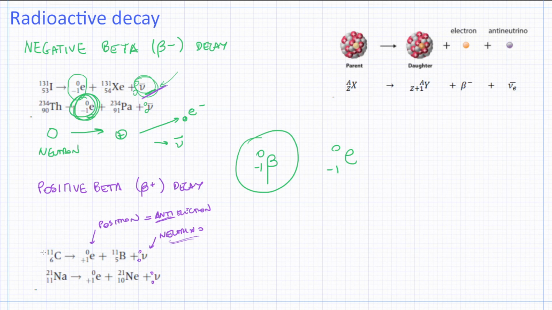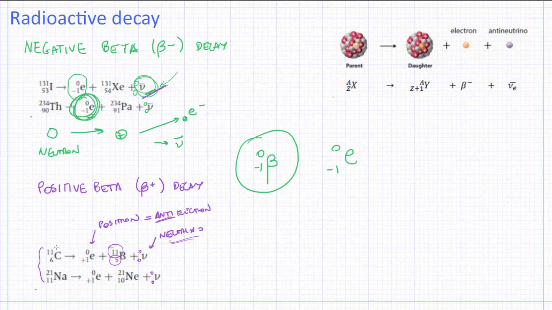So if they ask you to draw or write the decay equation for carbon undergoing positive beta decay, then you should be able to do the second part here, or at least to find out, okay, what's the mass number, what's the atomic number of your products.